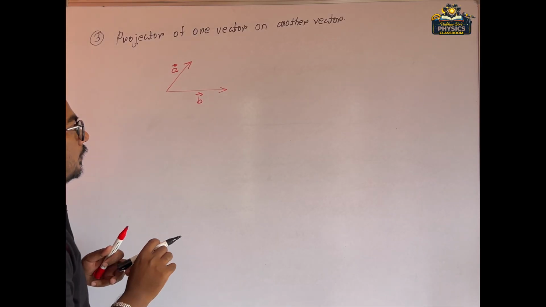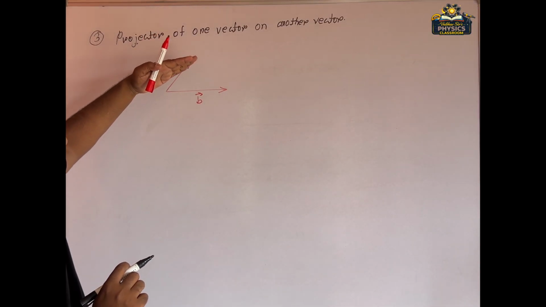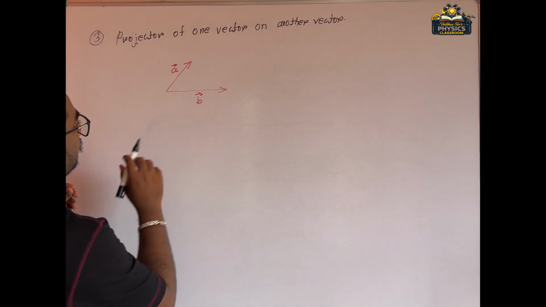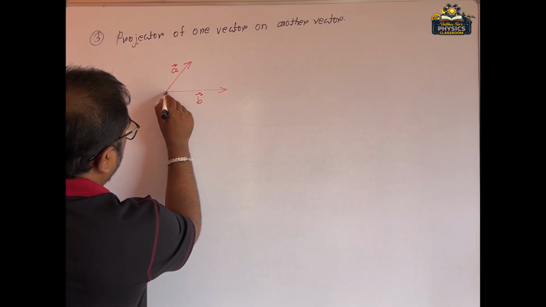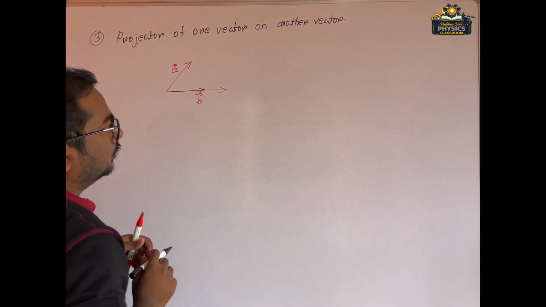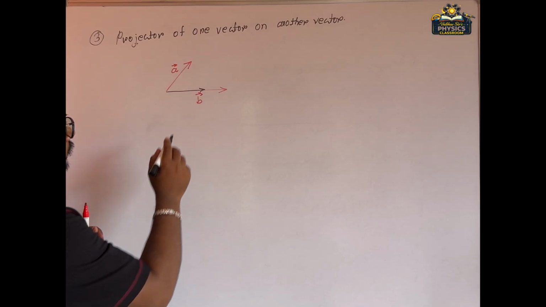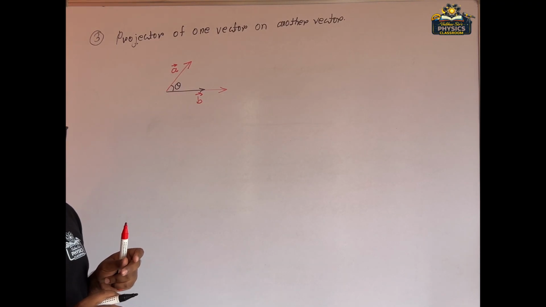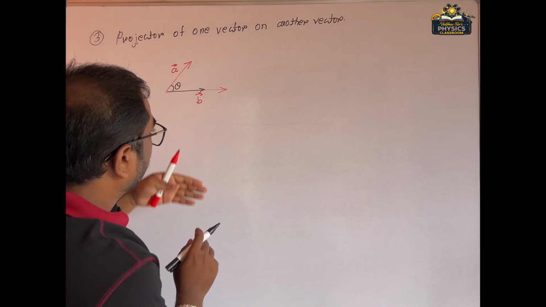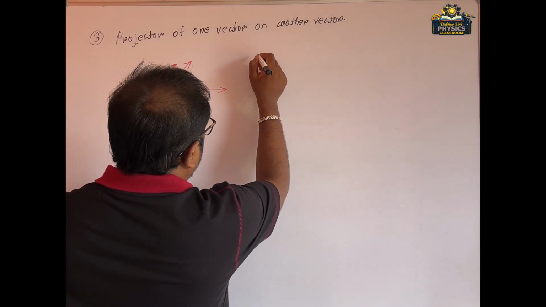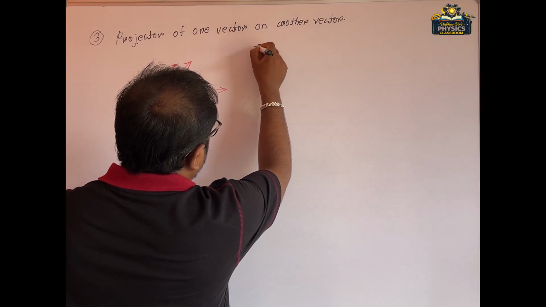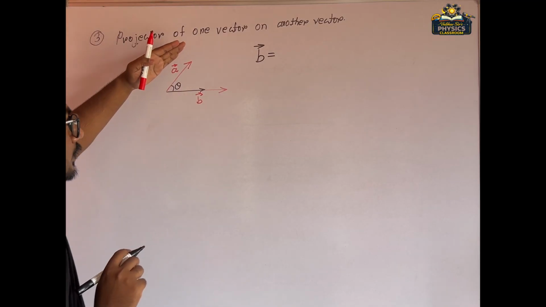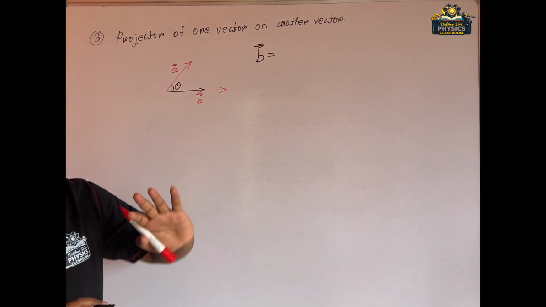So I have to project the vector a on vector b. See, here only we can project. So this is the angle between a and b. Can I write this is the vector b? Right, we have to find the direction of vector b first of all.